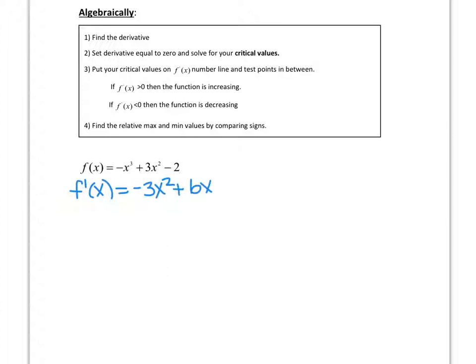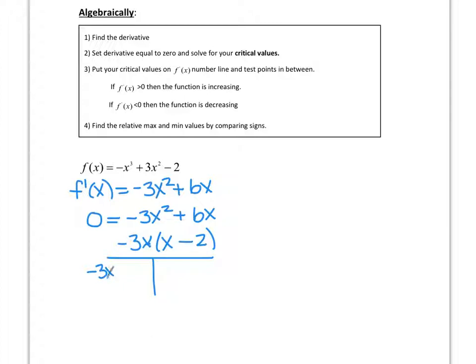Now, like we said before, if we take the derivative and set it equal to 0, we'll have our horizontal tangents. And those horizontal tangents have a maximum or a minimum value. Okay, so here when we factor, we're going to take out a GCF of negative 3x, and we're left with x minus 2. And we're going to set each piece equal to 0 and solve.